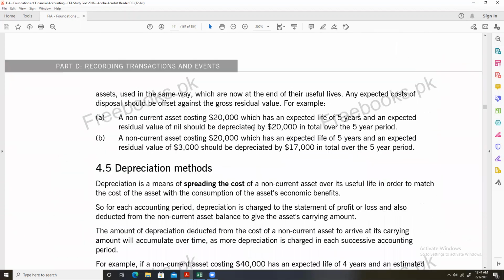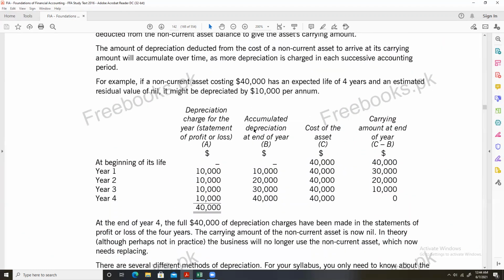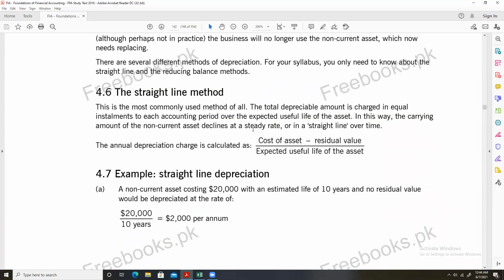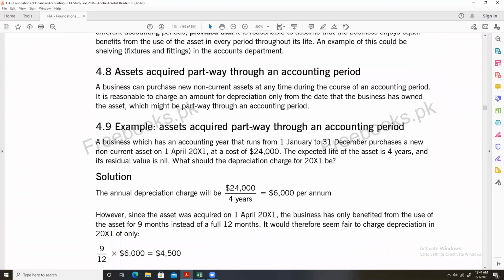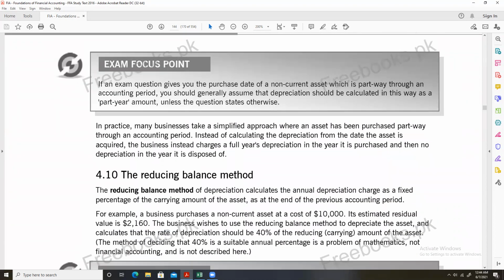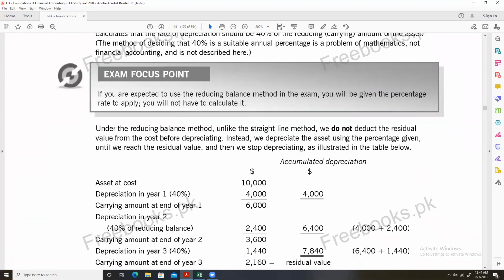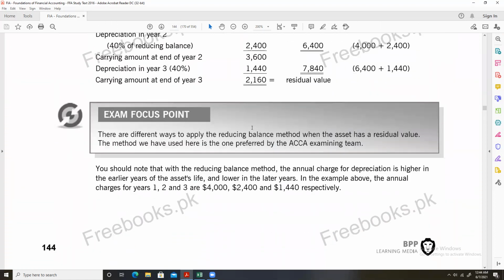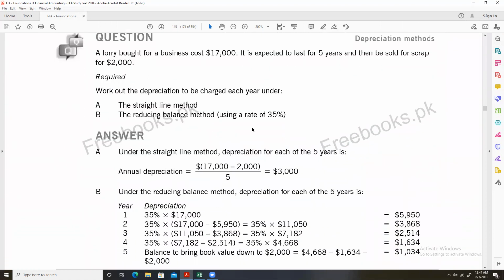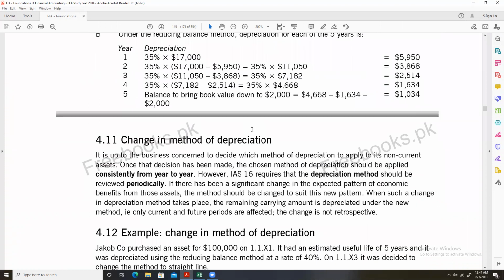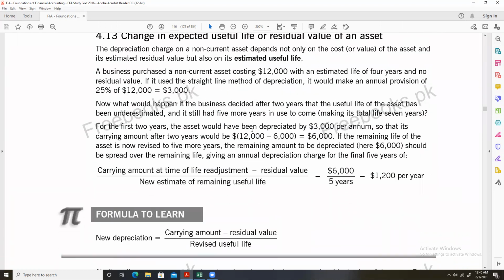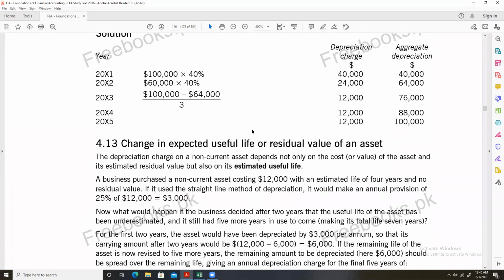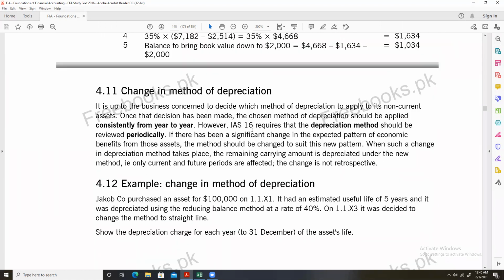Useful life of the asset, the residual value, the depreciation method, the straight line method. Okay, moving forward. No, there is no such example of a statement of financial position here in the study text.